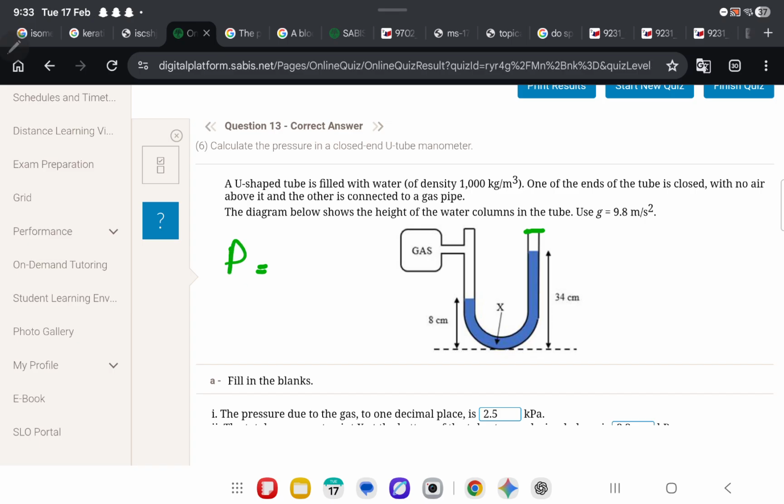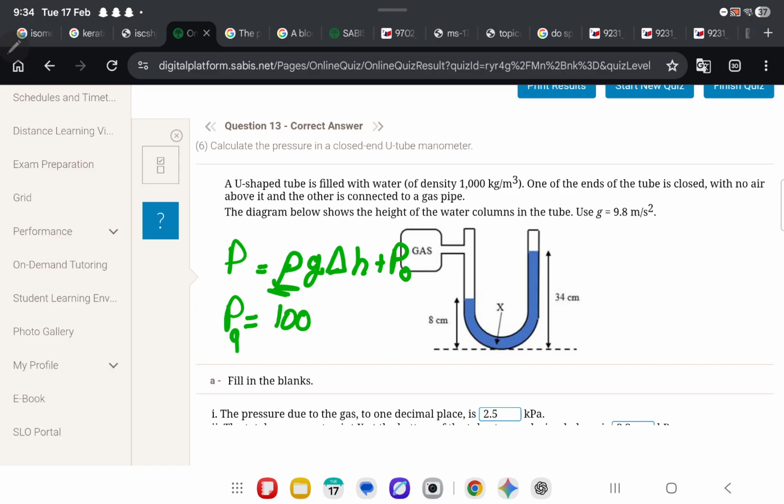It would be rho g h, normal formula, or for the gas it'll be rho g delta h. It's always rho g delta h for these manometer questions. Now, if this was open, we'd remove it, we'd write plus P0, where P0 is the atmospheric pressure.